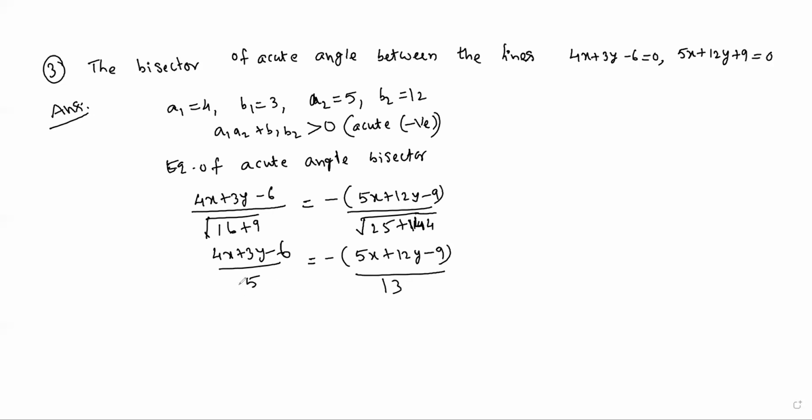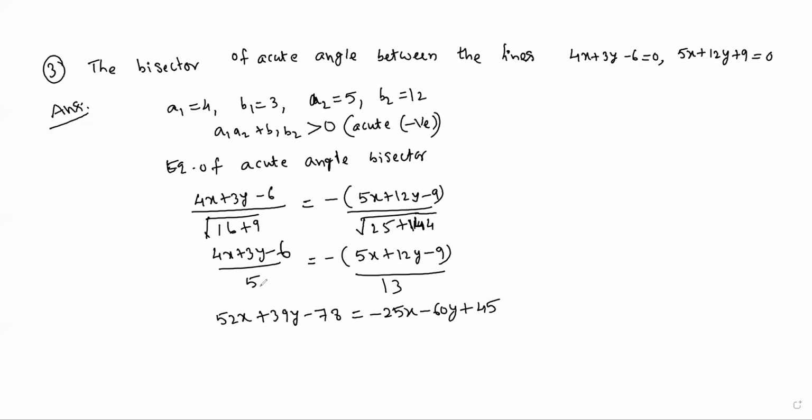Cross multiplication: 13 fours are 52x, 13 threes are 39y, 13 sixes are 78, is equal to 5 with minus multiplied. What will you get? Minus 25x minus 60y plus 9 fives are 45.